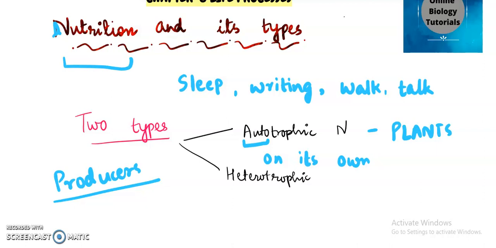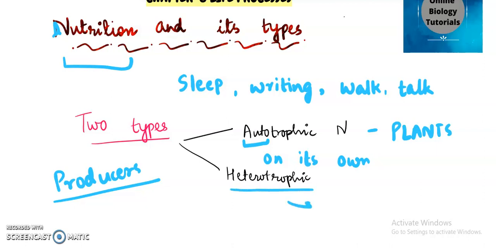Right? So autotrophic nutrition is shown by the plants wherein they form their own food. We will talk about autotrophic nutrition in detail just after heterotrophic nutrition.